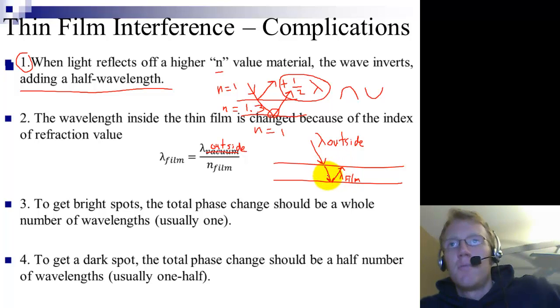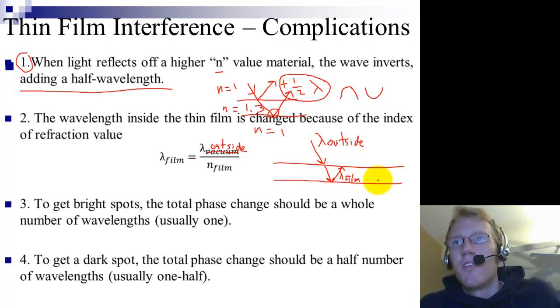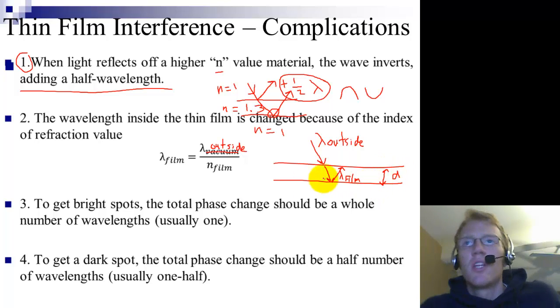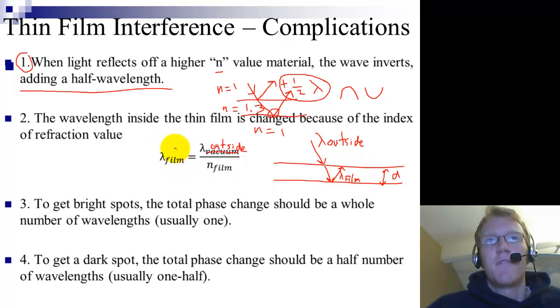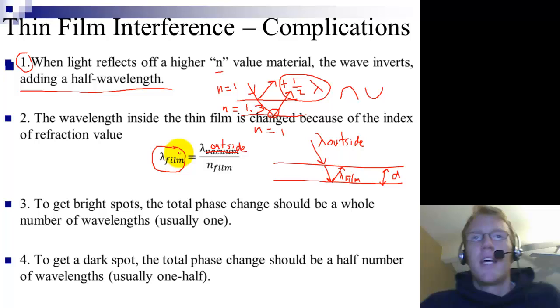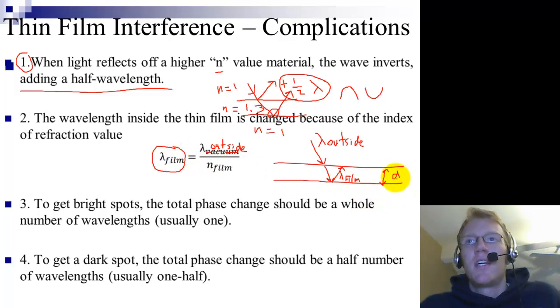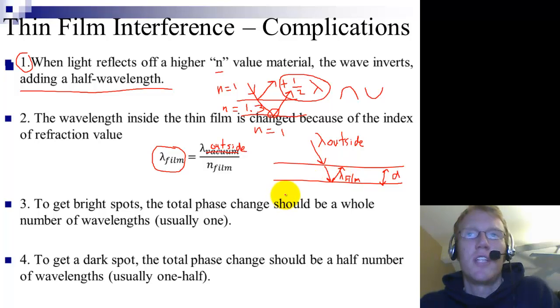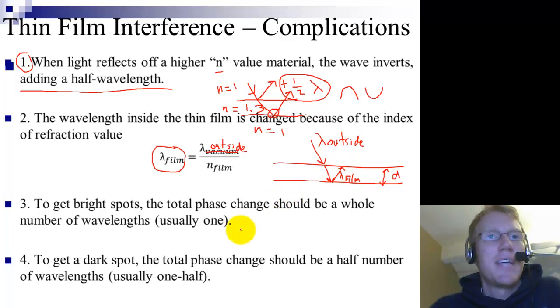So then it's going to bounce back. So the light travels both in and out. So whatever the thickness of the film is, the light travels twice that distance inside of the film, and so you have to find the wavelength of the light inside of the film and then get the distance and double it, and that's how you can tell how much distance it traveled and how many wavelengths it got offset by.